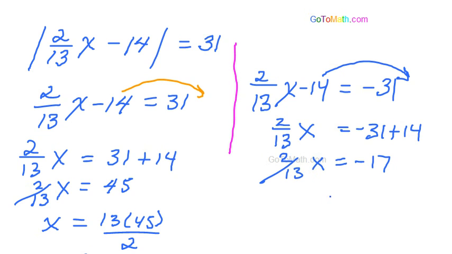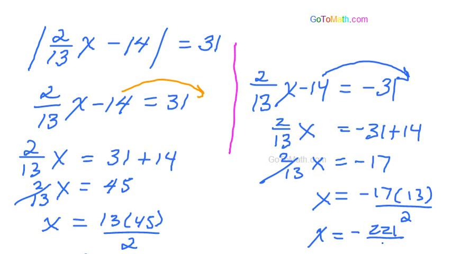So bringing 13 diagonally up and 2 diagonally down. And so we're left with 17 times 13, which is not going to reduce down any, over 2, or is it? Okay, so we end up with x is equal to negative 221 over 2. That's what I'm getting.